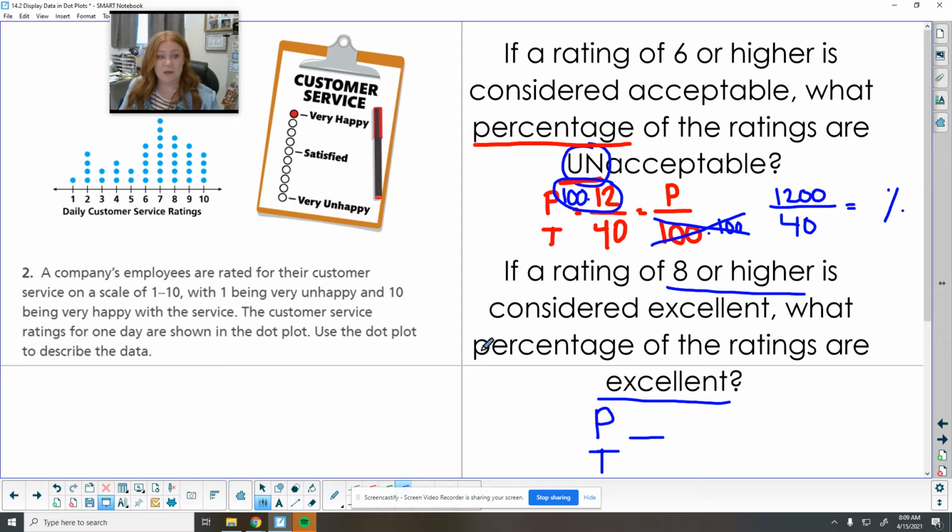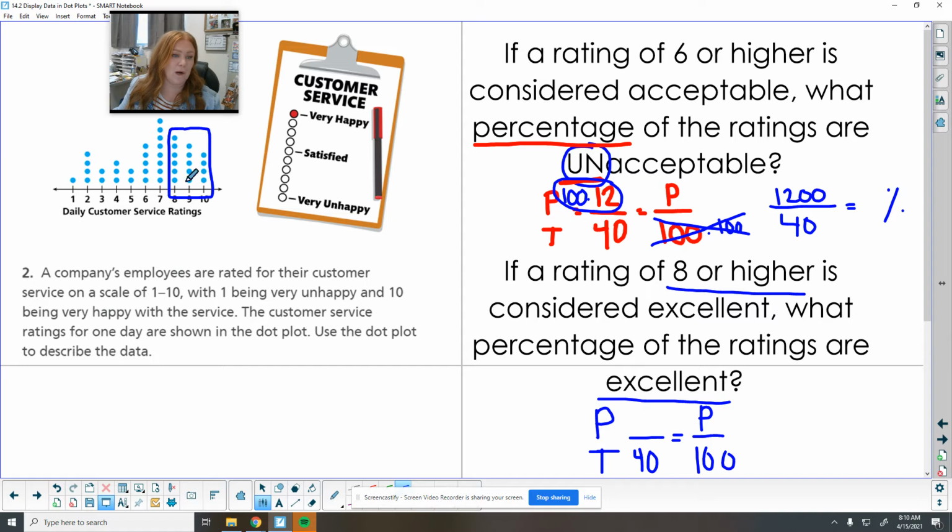And we know our total number of customers was the same. No, the dots have not changed, it is 40. We're looking for the percent. What percent? Percents are always out of 100. So now we're looking for 8 or higher. So we need to see the piece that is 8 or higher. Let's go ahead and count those up.